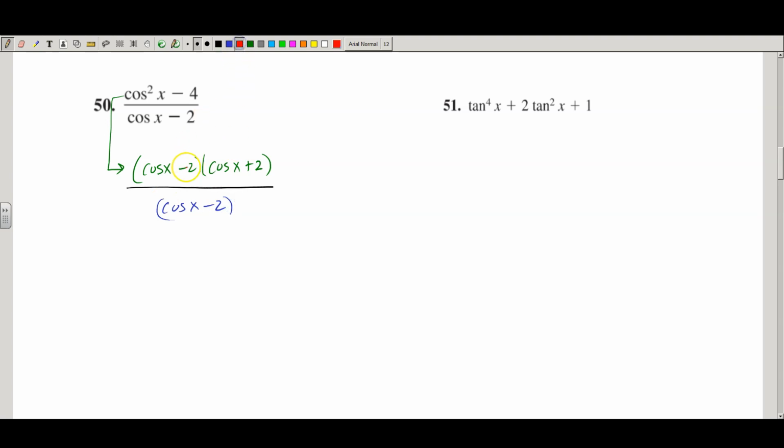And so cosine x minus 2 cancels with cosine x minus 2, and you're left with cosine x plus 2.